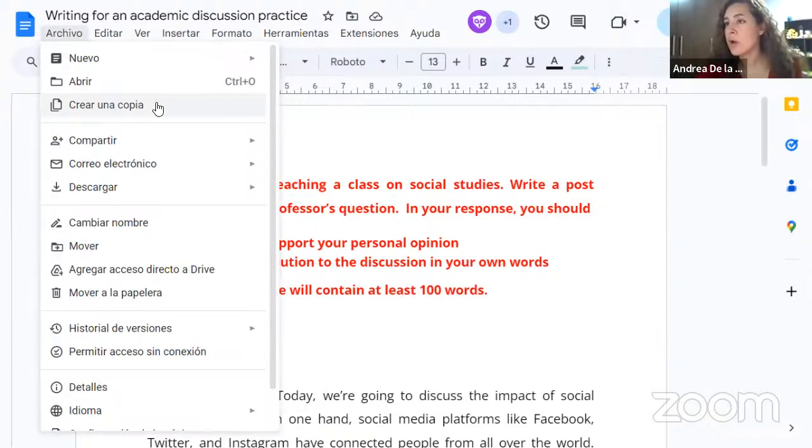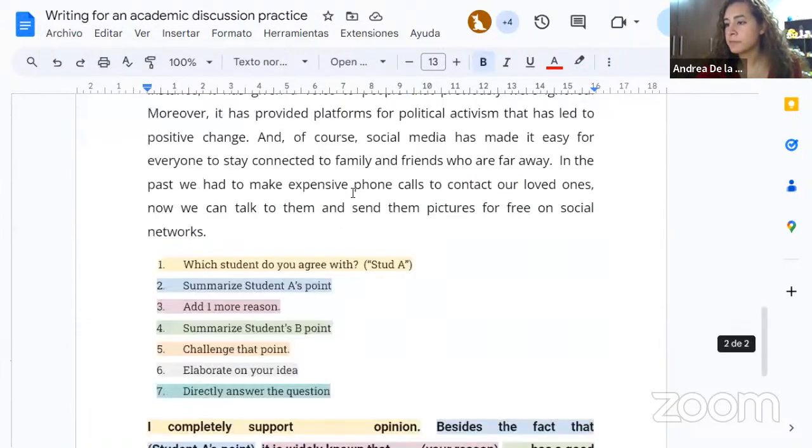So create your own copy of this document. Create a copy that you can edit, because this one here you can't. Okay, guys, so please everybody create a copy of this document. Everyone, please create a copy.